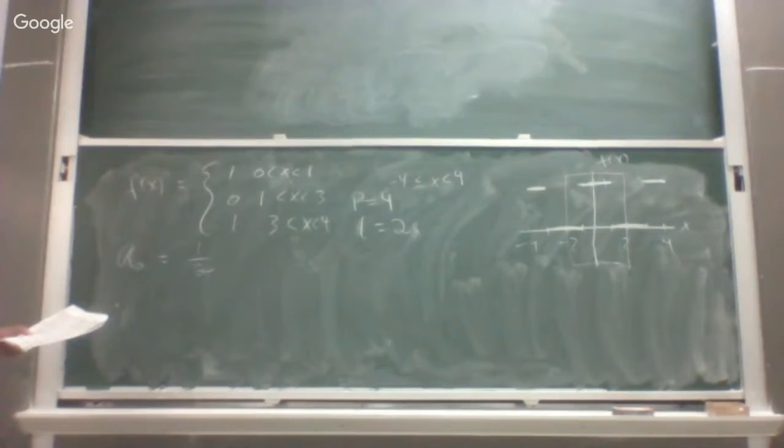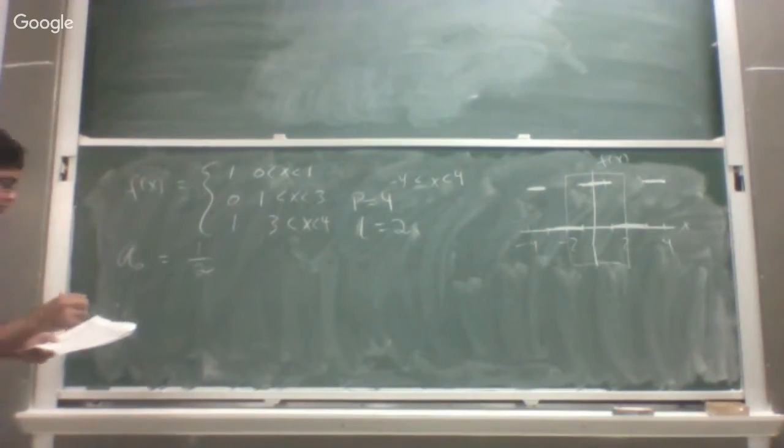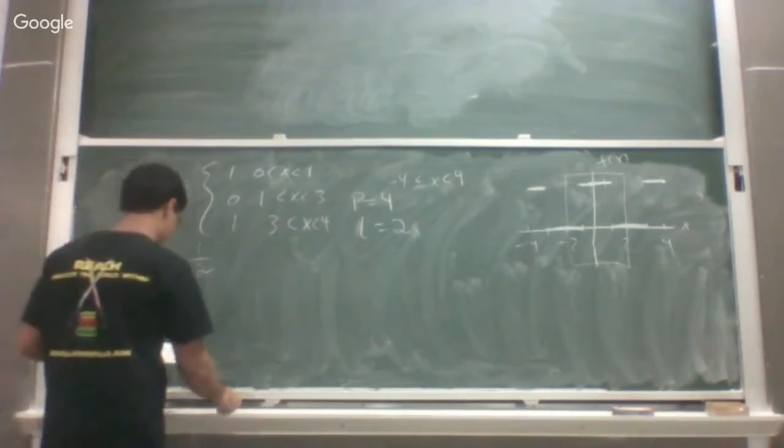Did they do 0 to L or -L? They did from one part to the next part, which is fine, but they don't show it very well on here. Essentially, it is 2 over L.